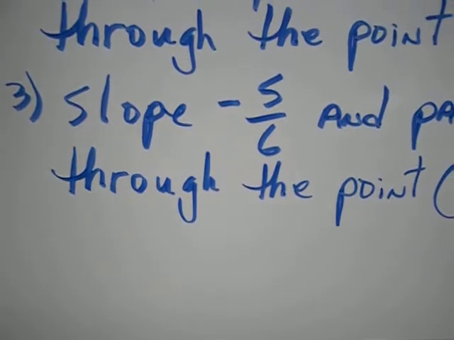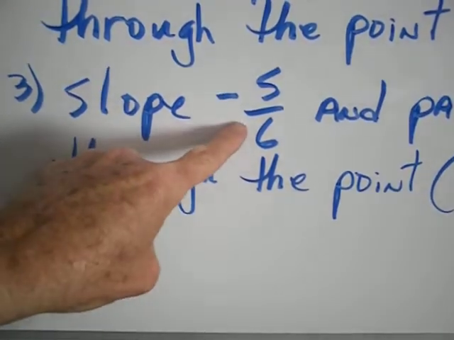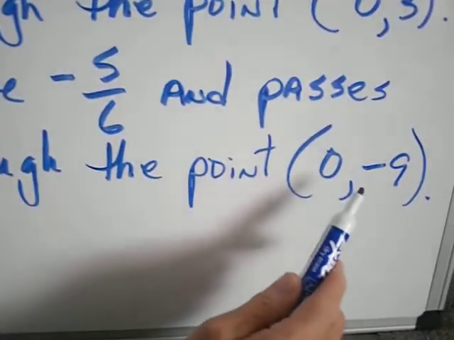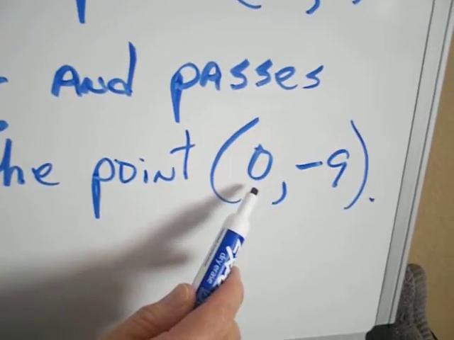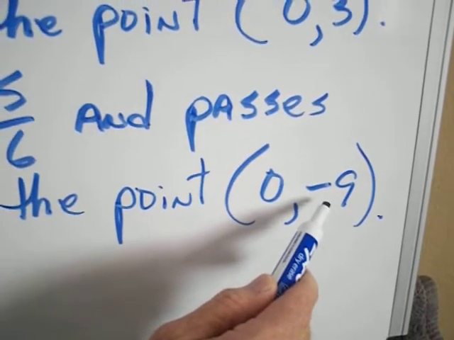Write the equation of the line in standard form and slope-intercept form that has slope negative 5/6 and passes through the point. Folks, 3 times in a row, if the x value is 0, then it is our y-intercept. It's our b.